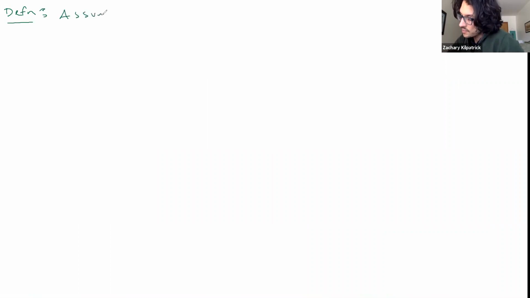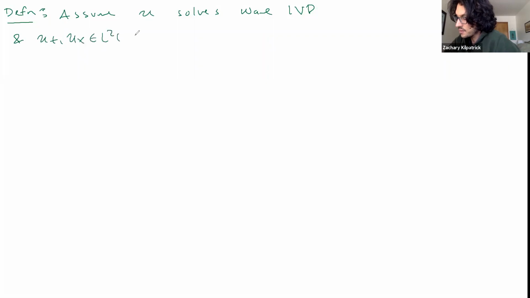So assume, okay, U solves the wave initial value problem, right? I won't rewrite that. And u_t, u_x are L2, just rewriting what I had on the previous slide, for t greater than or equal to 0.